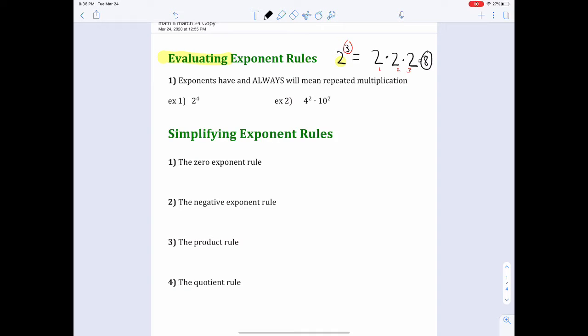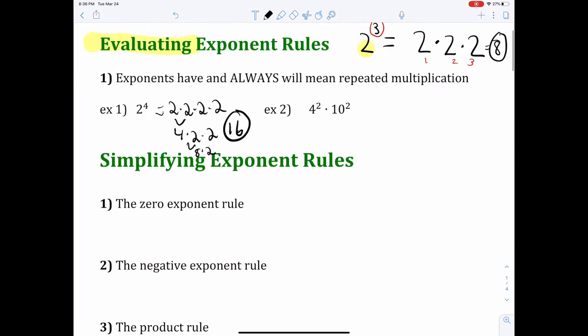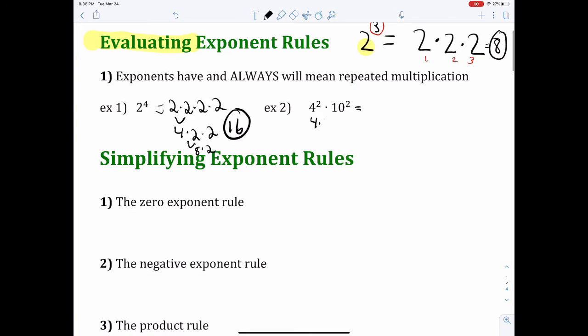Alright, so for number 1, you're going to multiply 2 by itself 4 times. And that means 2 times 2 is 4, times another 2, times another 2. That'll give you 8 times 2, and that's going to be 16. Number 2, if you're evaluating, you're finding the answer. So your calculator can do it, or you can do it by yourself here, 4 squared. That means we're going to do 4 times 4, which is 16.